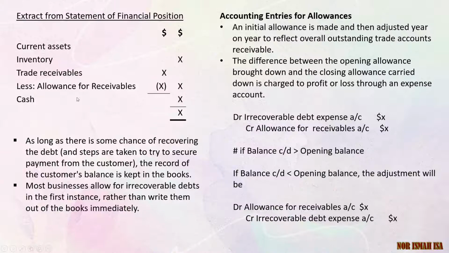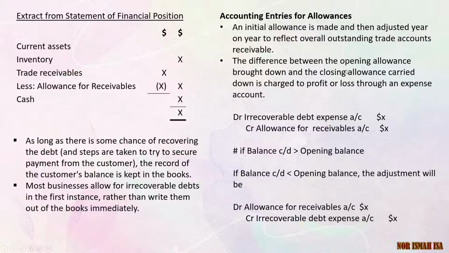Under allowance for receivable, bear in mind that the name of the receivable is still in the account. No crediting of the account by the irrecoverable debt yet. So this is just an estimated amount that customers are unable to pay the business. But for the irrecoverable debt, the debt of this customer has been identified as unable to be paid because of certain things.